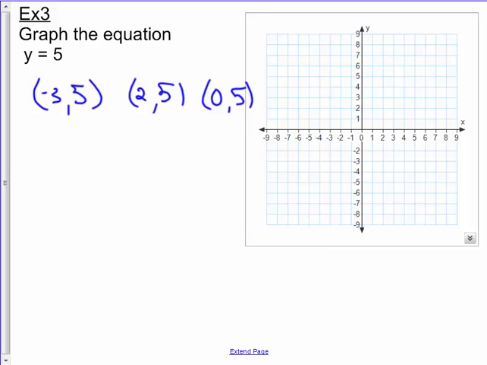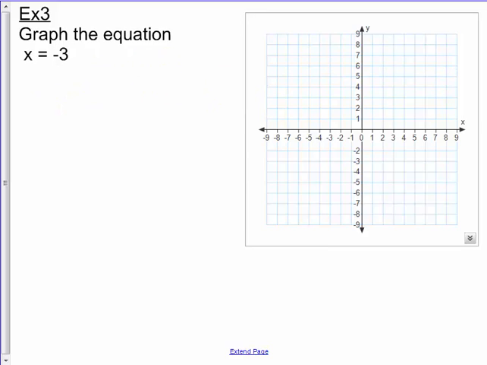But I'm going to plot the points here. So I'm going to plot negative 3, 5, 2, 5, and 0, 5. When I connect them, I get a horizontal line. So whenever I have y equals 5, I get a horizontal line like that. Whenever there is no x, it's only y.